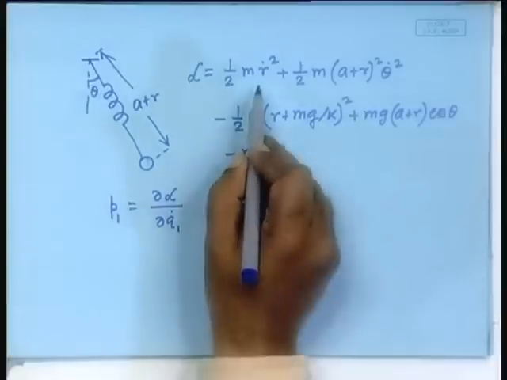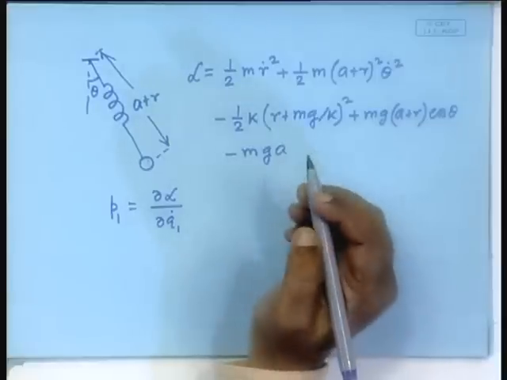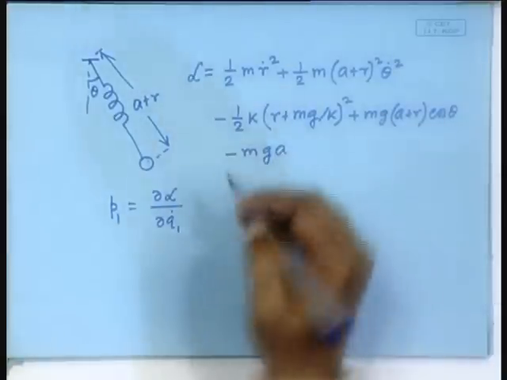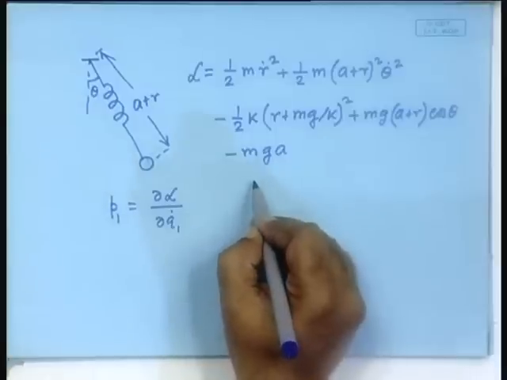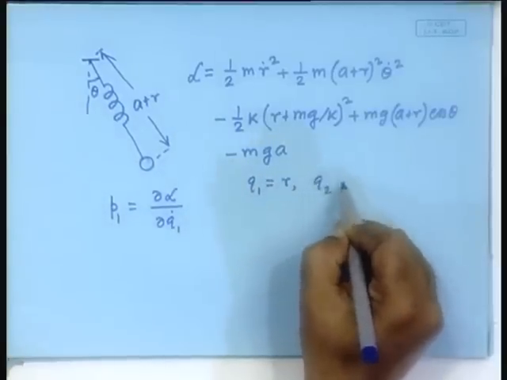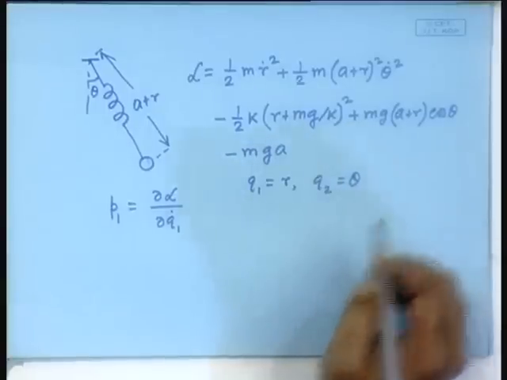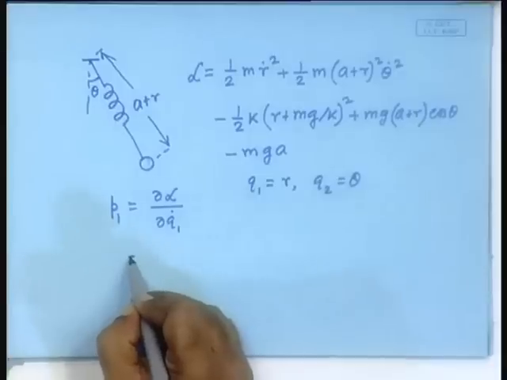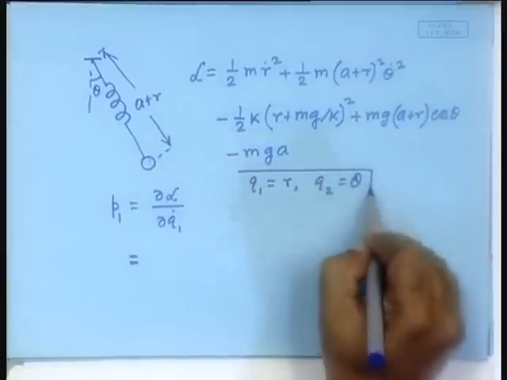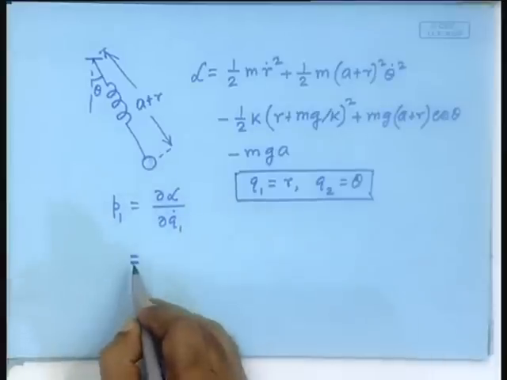So, q_1 was r. It will be convenient for us in order to proceed, we will say q_1 is equal to r and q_2 is equal to theta. Let us write things in terms of q_1 and q_2.